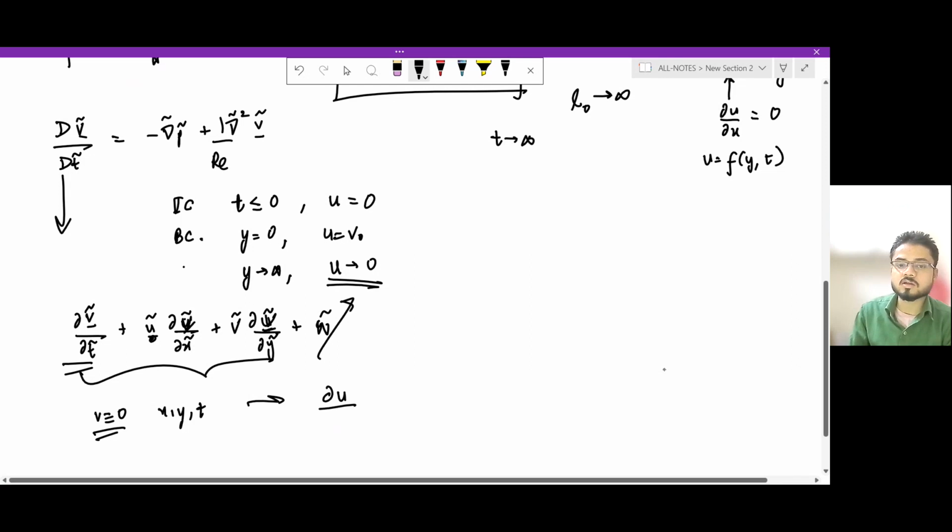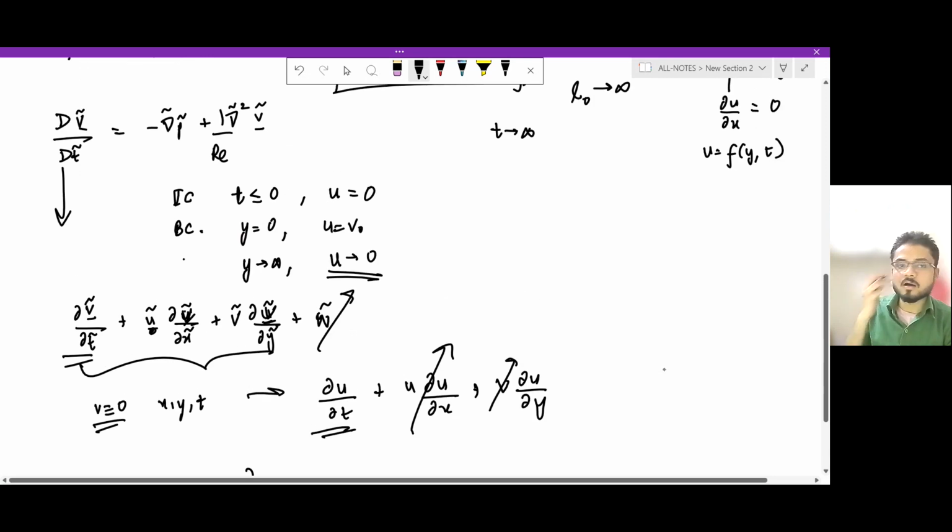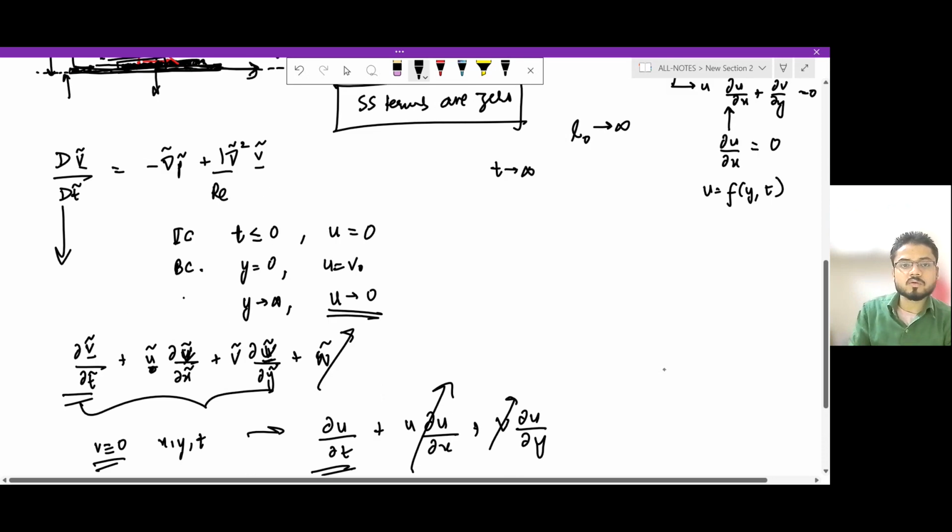So this entire thing can be written as del u over del t plus u del u over del x plus v del u over del y. We already know that this is 0 from the continuity equation, and since v is 0, this is also 0. So on the left-hand side, you've only got this term remaining. On the right-hand side, you've got something like this.